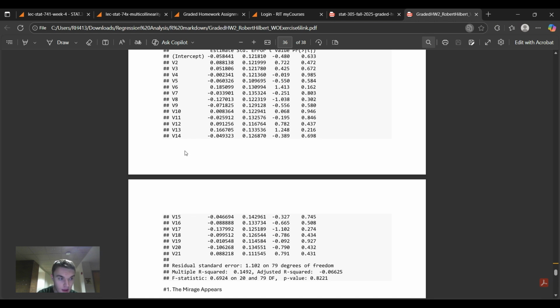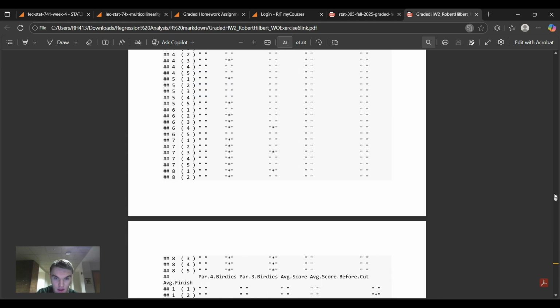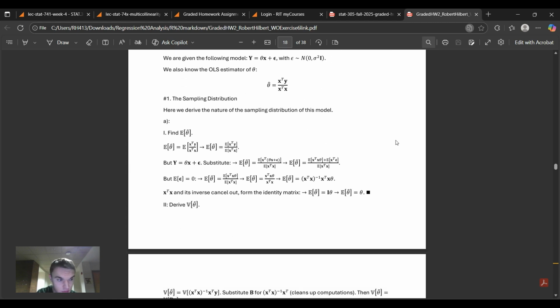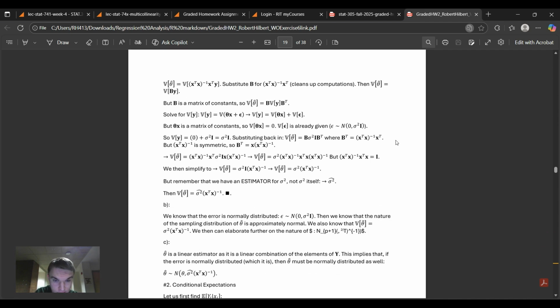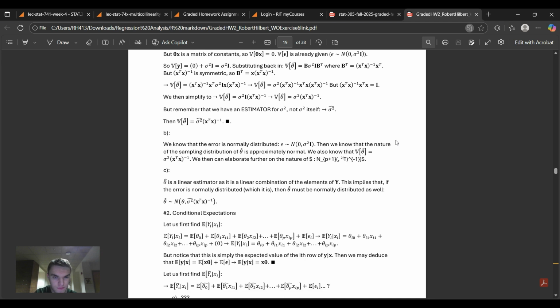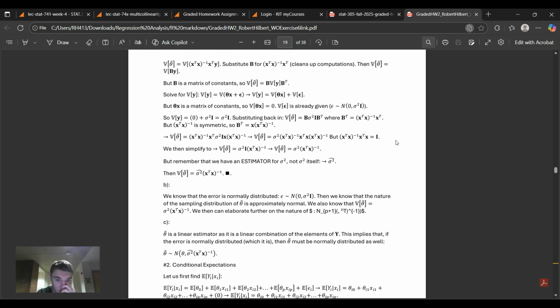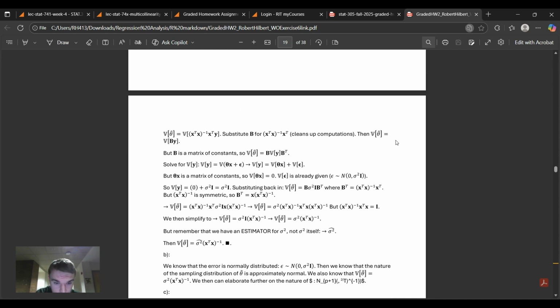Moving forward, I did not expect from the theory that I would have the kinds of results that I would. For example, if we could pull up the variance matrix really quickly.